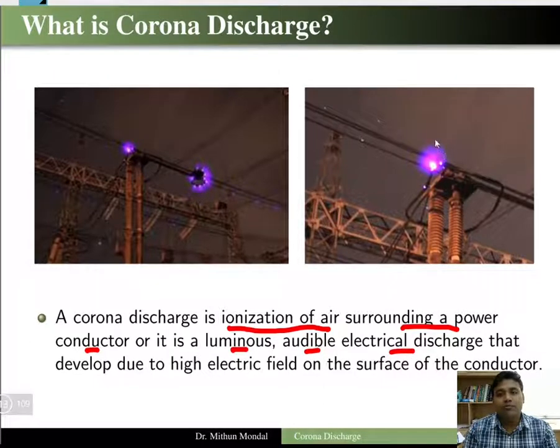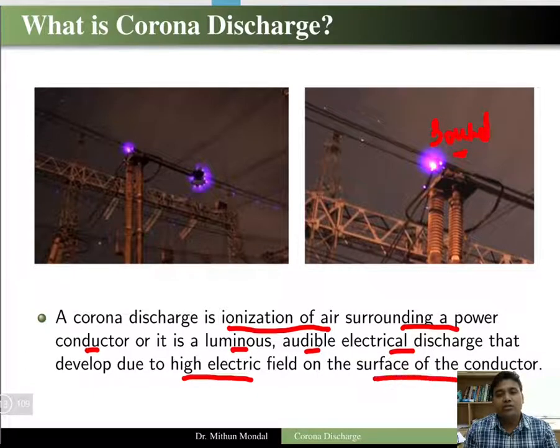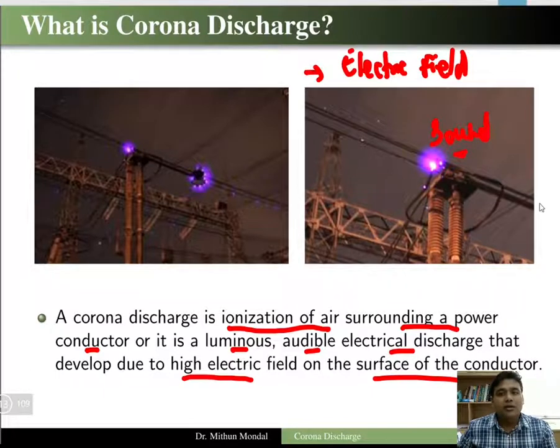Some type of sound, a hissing noise, comes from the conductor that develops due to the high electric field on the surface of the conductor. When the electric field is high, the air around the conductor will get ionized, and that is known as the corona discharge.